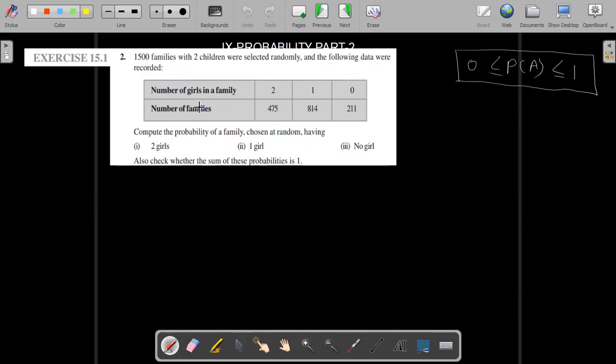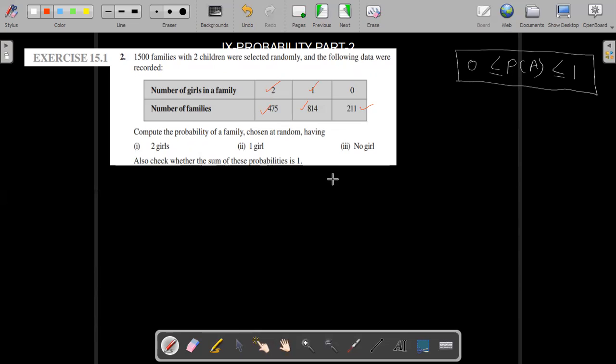Here, the number of girls in a family: 475 families have 2 girls, 814 families have only one girl child, and 211 families have no girl child. Compute the probability of choosing at random a family having 2 girls.